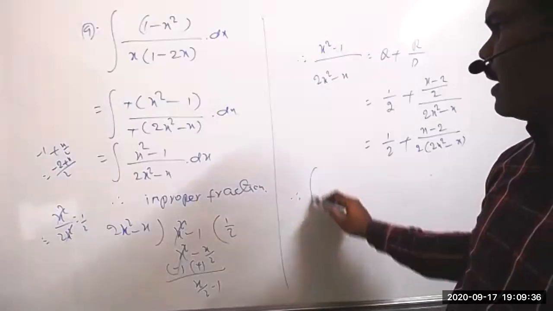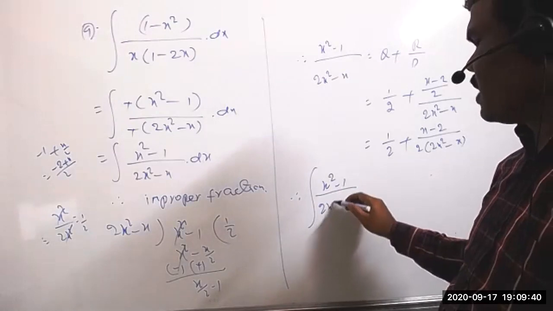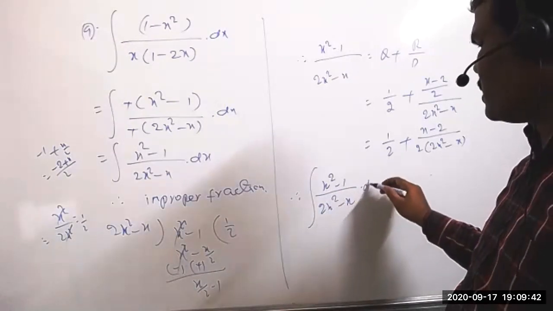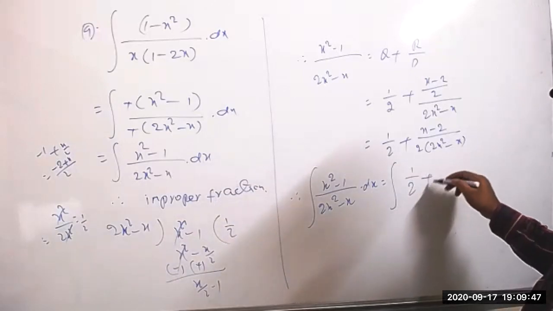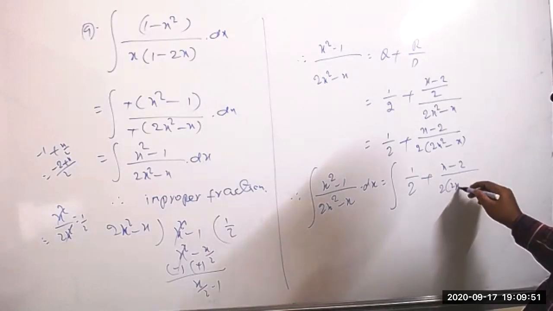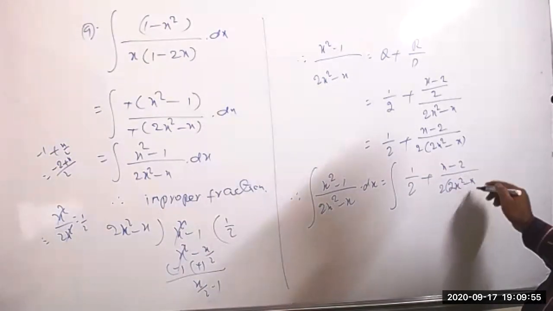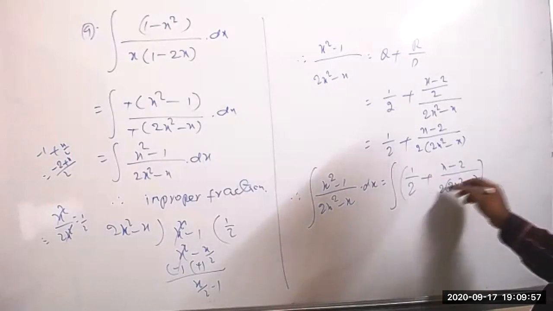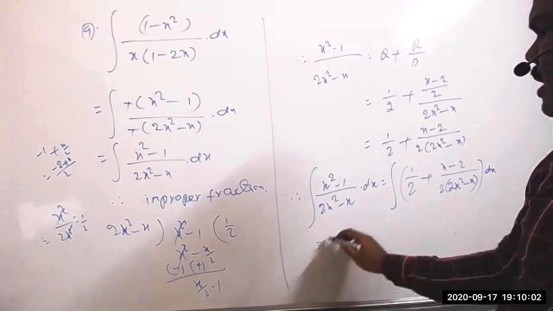So therefore, integration of x square minus 1 by 2x square minus x into dx is equal to, you can write clearly, integration of 1 by 2 plus x minus 2 by 2 into 2x square minus x, whole into dx. Now you can take separately.